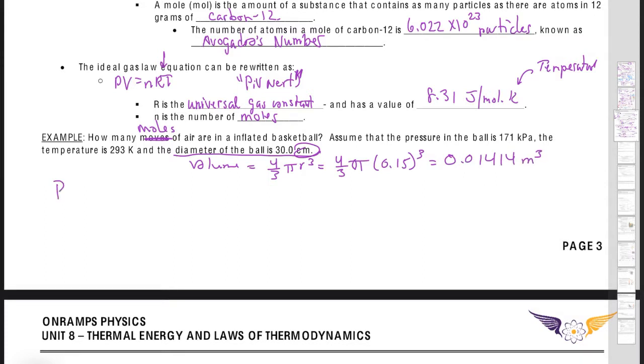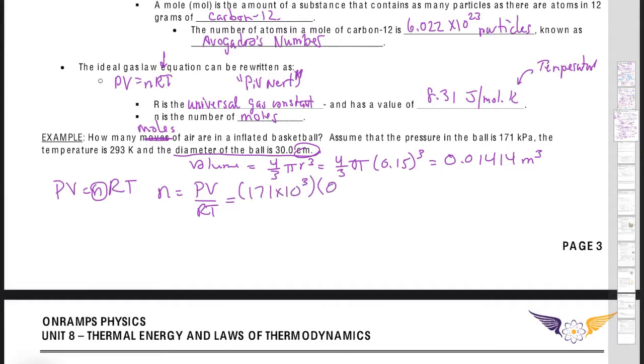So now I can use my PIVNERT equation. So PV equals nRT. I'm looking for n, and so I'm going to solve this for n. So n equals PV over RT. And so we're going to plug in our values. Again, we have to convert that 171 kilopascals.